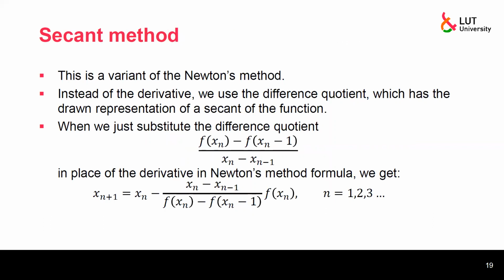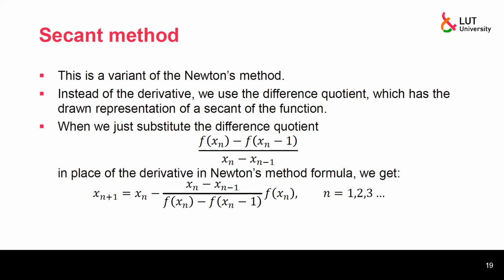Second method, similar, but now we don't need to differentiate. We just estimate the slope using the difference quotient, and the formula is otherwise the same.